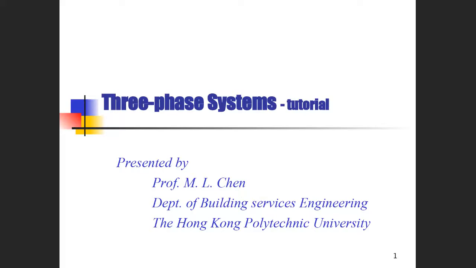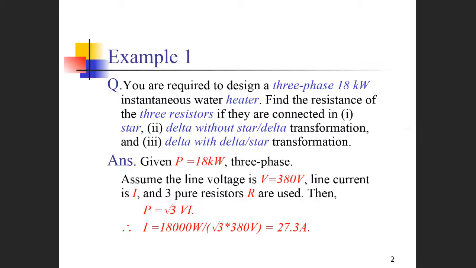The basic principles are also very similar to those of single-phase AC, except that here we involve three single-phase sources in a system. So we have to pay attention to the difference between the three single phases in the three-phase systems. We have the so-called balanced systems and unbalanced systems. Example one is the balanced system.